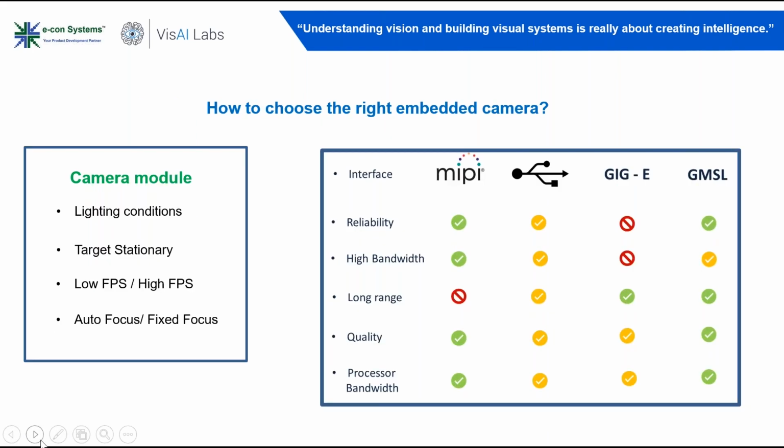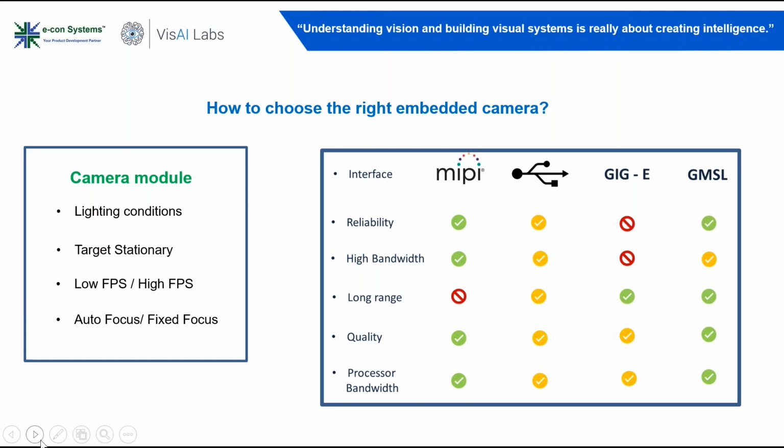Thank you, Maha. As Maha rightly said, if you get the right image at the right time, that raises the probability of the POC being successful. If you can imagine the final product and choose the right hardware components for it, the probability of making a successful POC is very high.